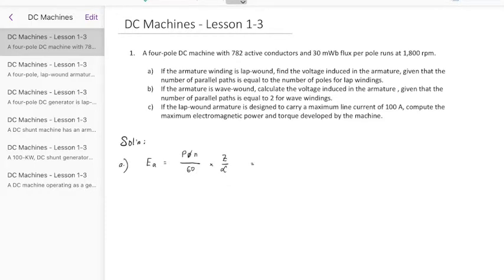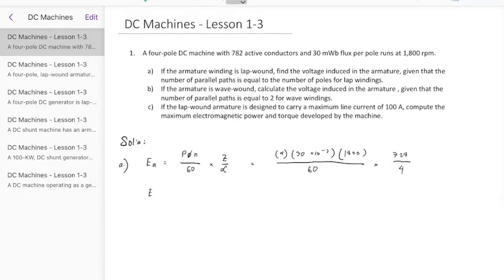The number of poles is 4, the flux per pole is 30 milliwebers or 30 times 10 to the negative 3, the revolutions per minute is 1,800 divided by 60, times the number of conductors, 728, divided by the number of parallel paths, which is equal to the number of poles, 4.